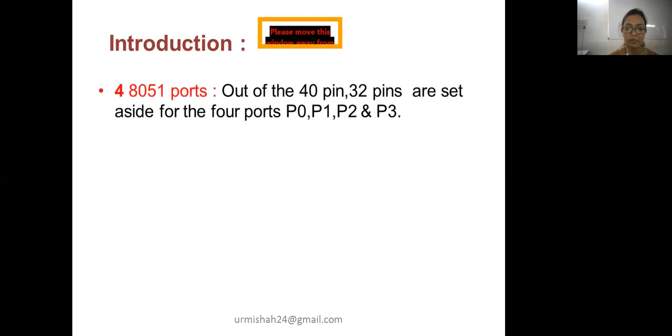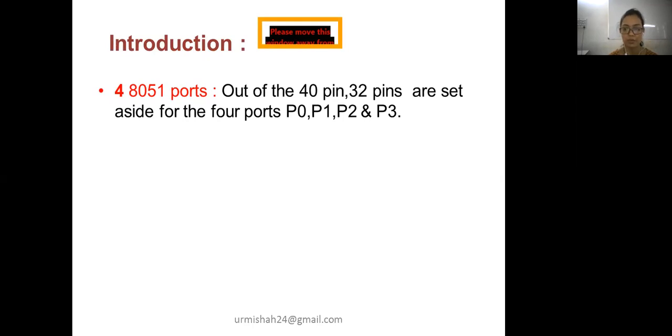In 8051, we have a 40 pin IC. The integrated circuit of 8051 consists of 40 pins, from which 32 pins are allotted to the 4 IO ports of 8051. Out of 40 pins, 32 pins are allotted to 4 ports P0, P1, P2 and P3.